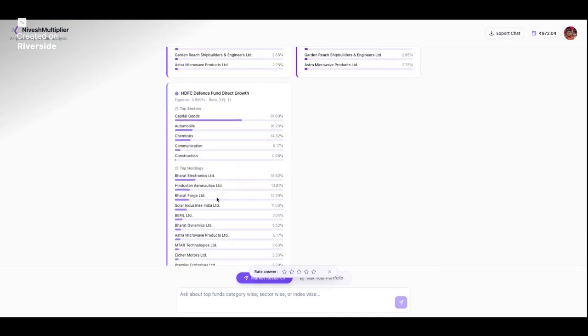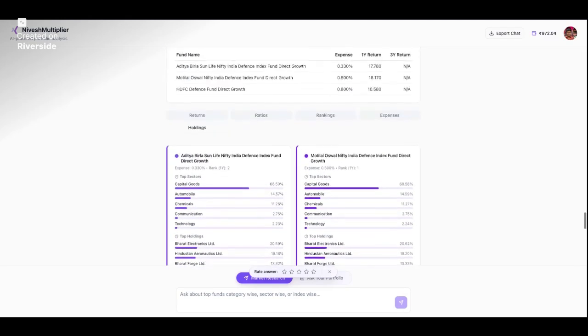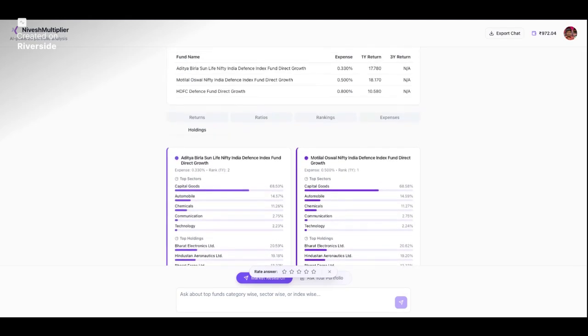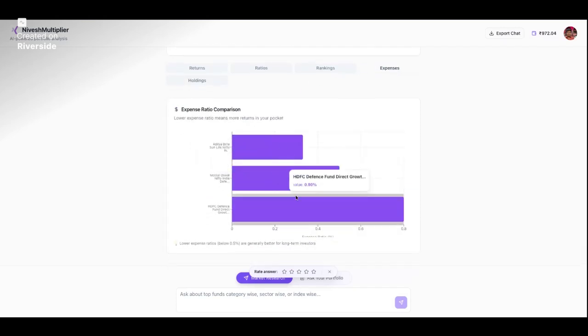Similarly, if I go over here, they are also pretty much identical because they are essentially index funds. In this situation, when you know you want to go for a defense oriented fund, you are confident on the sector, and you can see from this tool that the allocation looks pretty much similar. You can then decide on the basis of the expense ratios.